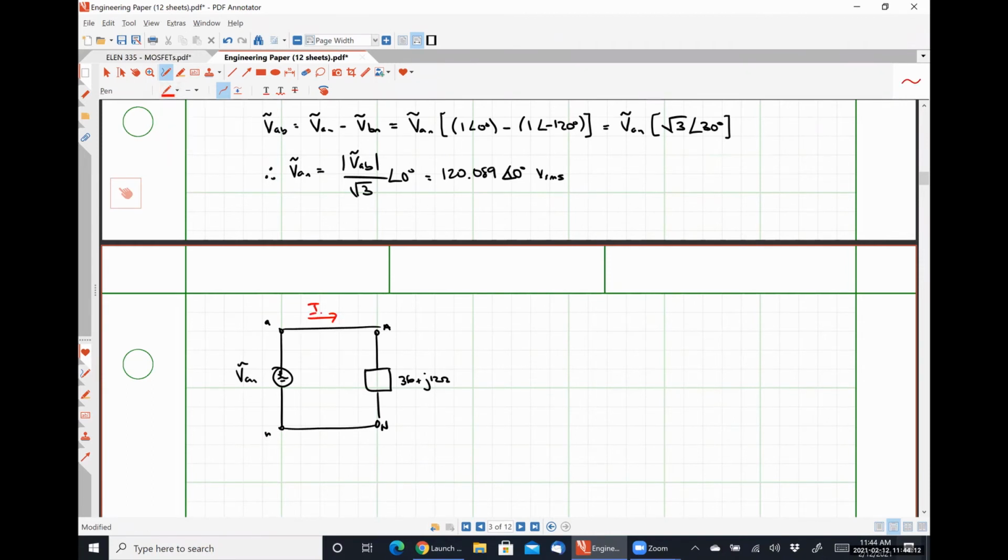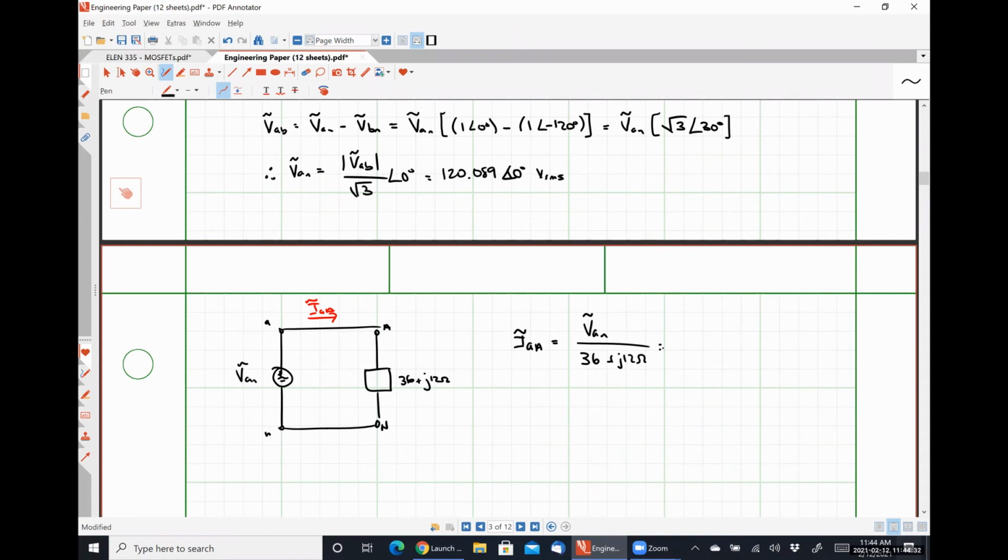Here's our phase current, excuse me, our line current, IAA, where by inspection, IAA is simply VAN divided by 36 plus J12 ohms.